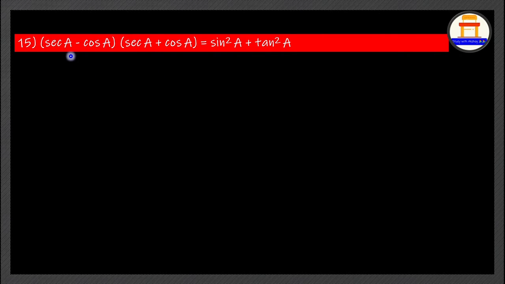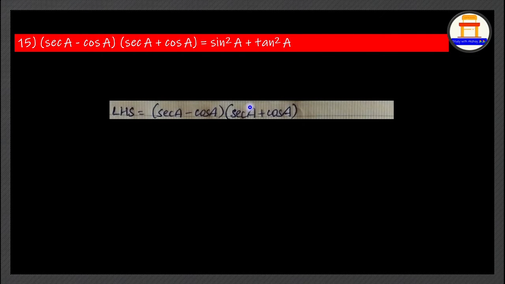Secant A minus cos A, secant A plus cos A equals sine square A plus tan square A. Again, write down the expression.